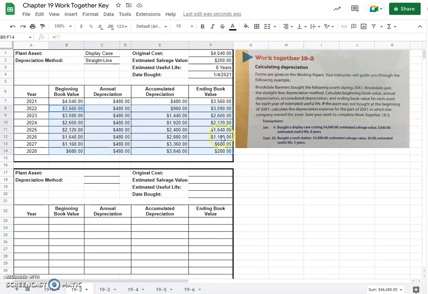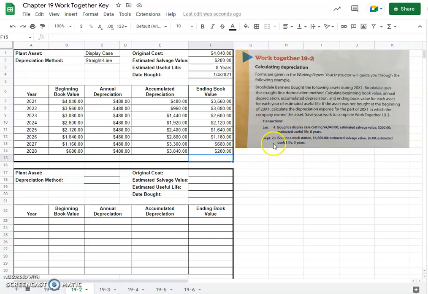If you can set these up right with formulas, it will make it a lot easier. But do double check that your salvage value comes out at the end. Because if it doesn't, you've probably done something wrong. And be careful with your last year, because if your first year was only a partial year, your last year will only be a partial year as well. So that could be something that would trick you up.